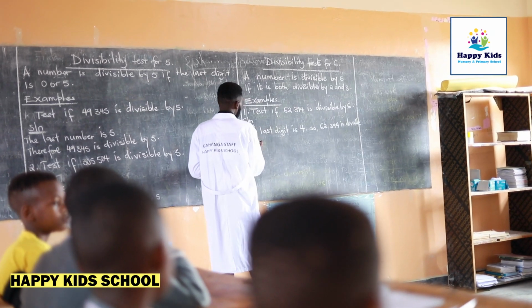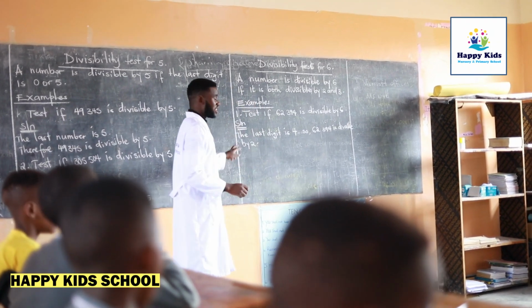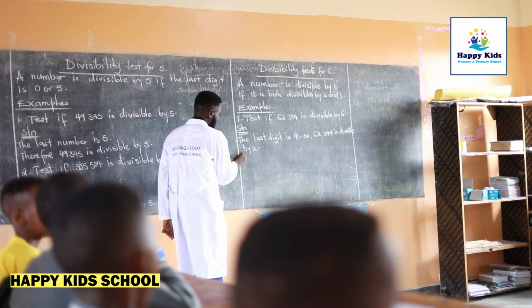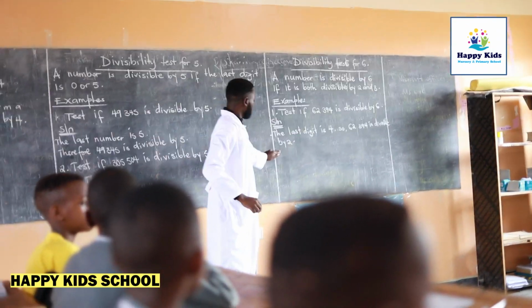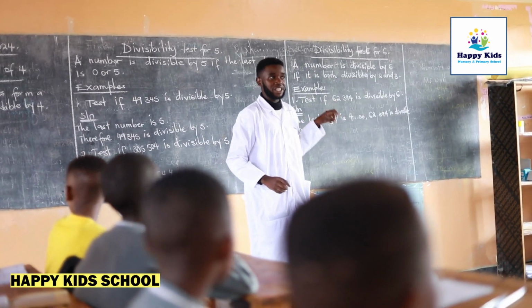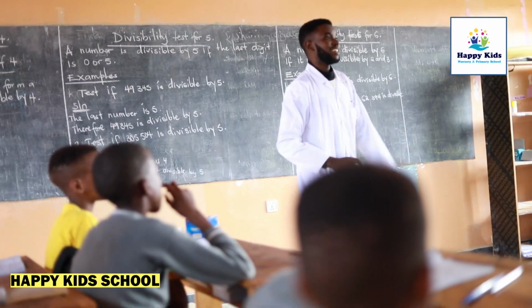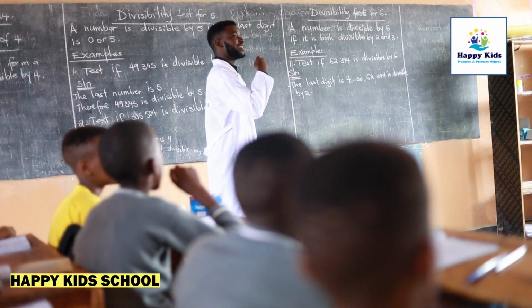That is the first step. Next, you are also going to check whether this number is divisible by 3. How are you going to check it?